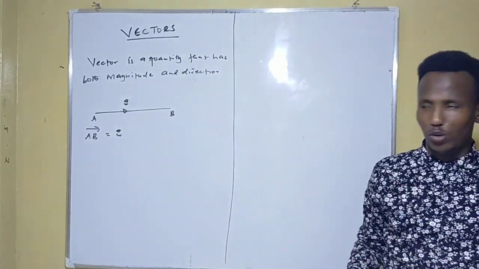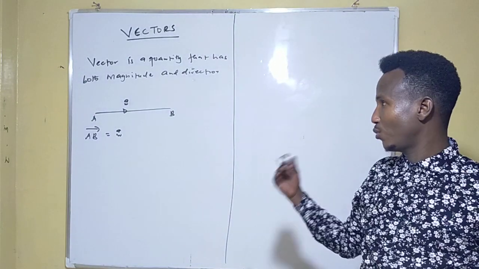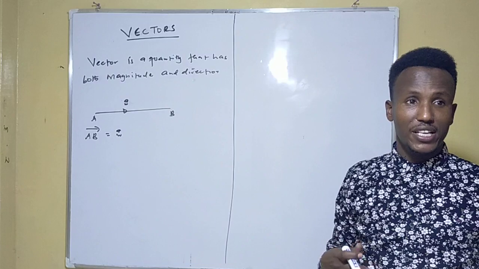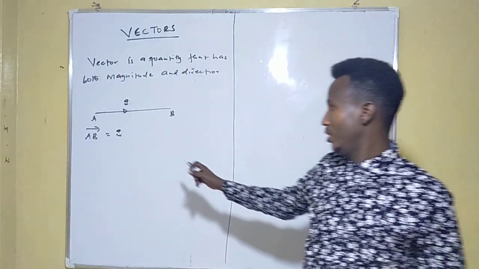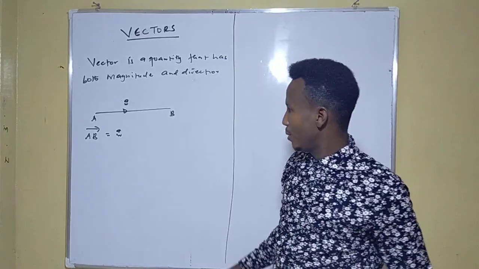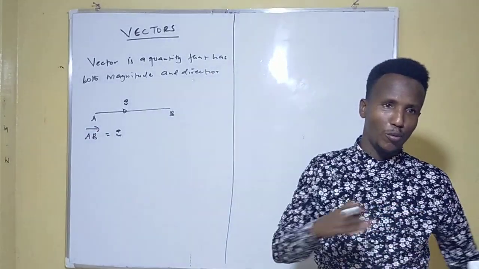You're not opposing the arrow, so the vector you're going to get will be positive. So by the moment you're writing AB, you must show an arrow where the arrow is moving, because you're moving from A to B.